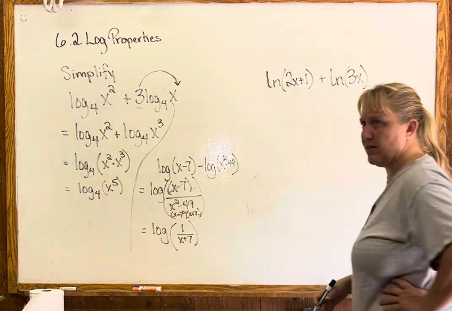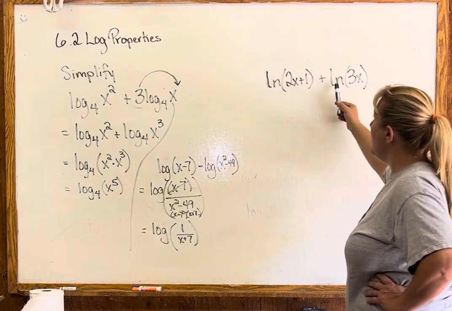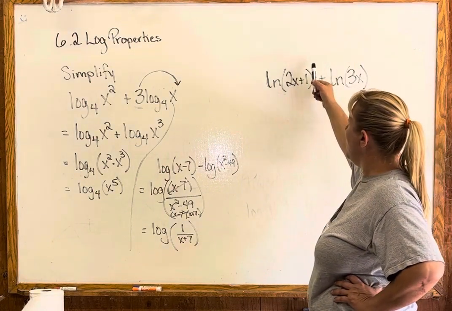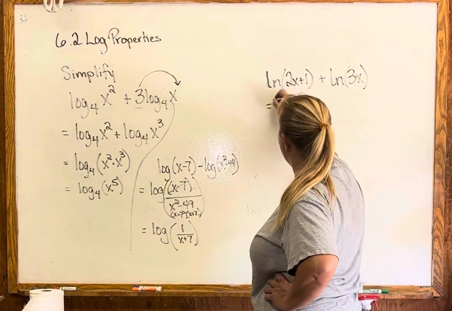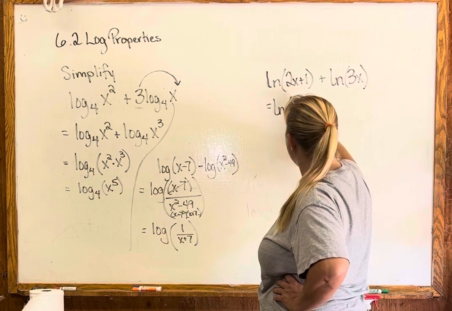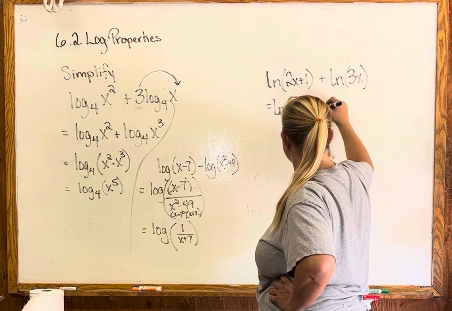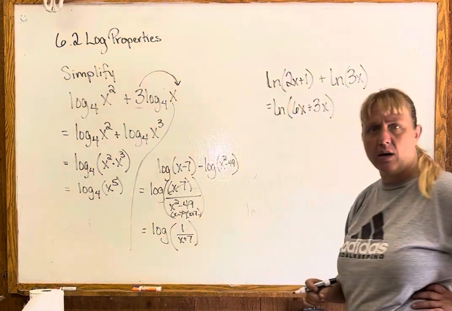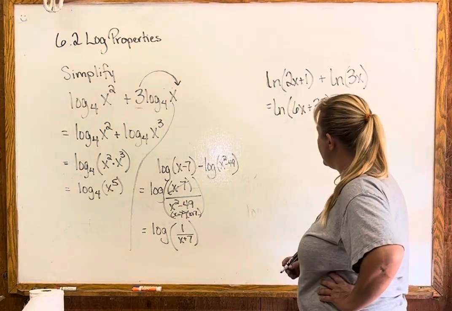Just making things up at this point since they don't give you all that much here. Can we combine those two guys together? And we can. So we are going to use the multiplication rule, and we'll go ln, but when we multiply, we've got to multiply through, so we'll have 6x squared plus 3x. That one's kind of boring. Sorry about that one.